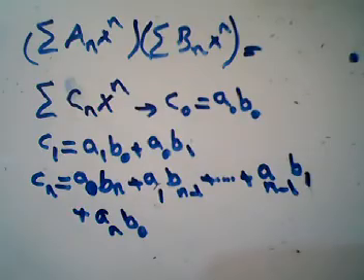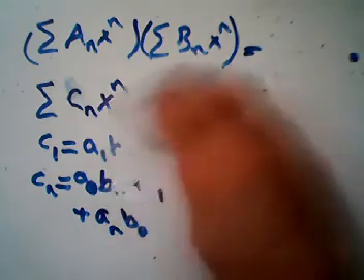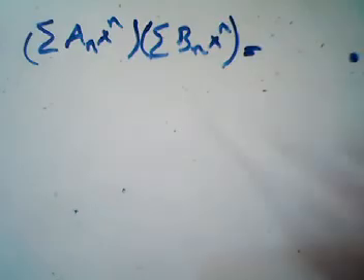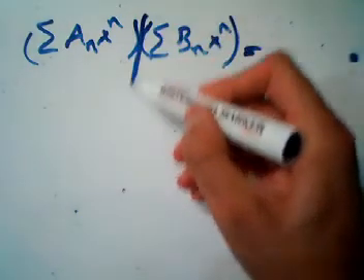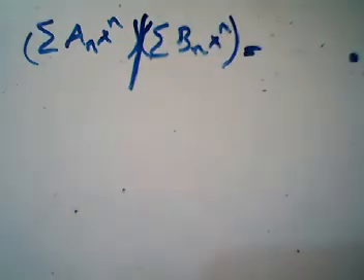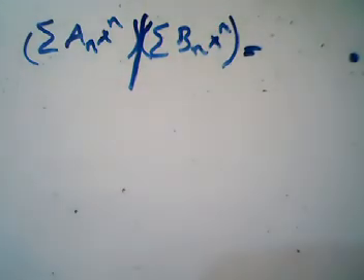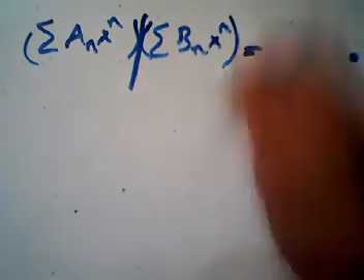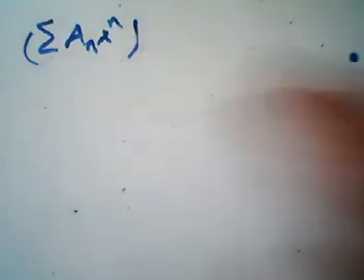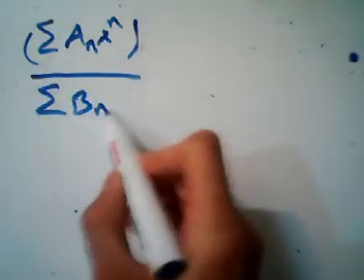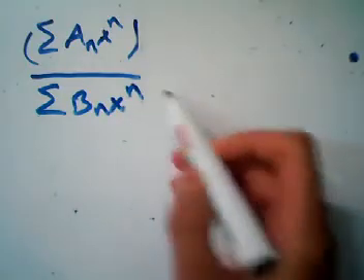Okay, but how about the division of two power series? Let's say this over this. Again, let me write it this way: sigma An x to the n over sigma Bn x to the n.